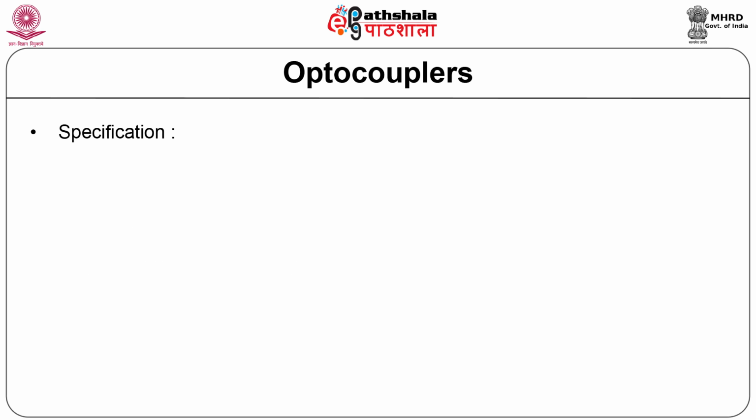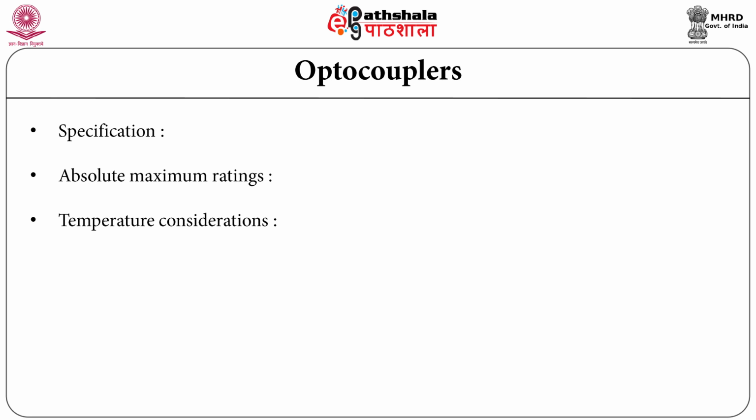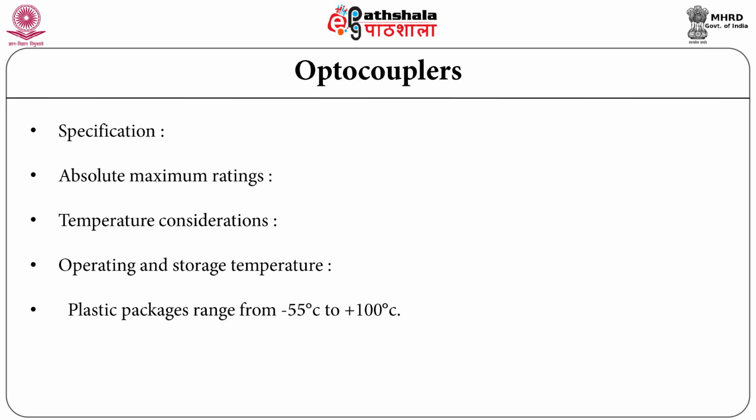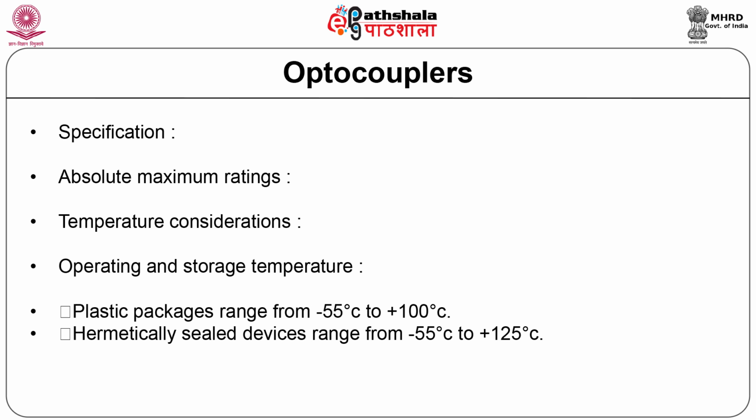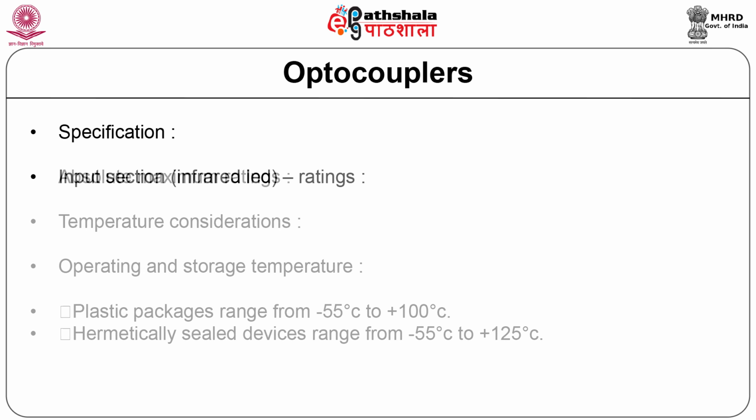Some specifications are related to the maximum ratings, such as temperature considerations, that is operating or storage temperature: plastic packages ranging from -55 degrees Celsius to 100 degrees Celsius, hermetically sealed devices ranging from -55 degrees Celsius to +125 degrees Celsius.